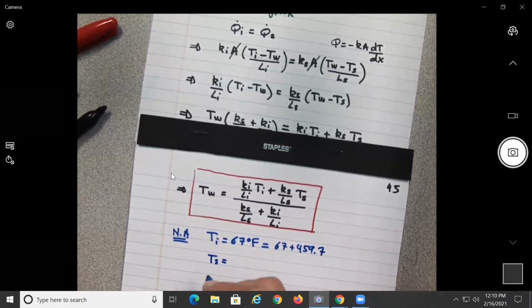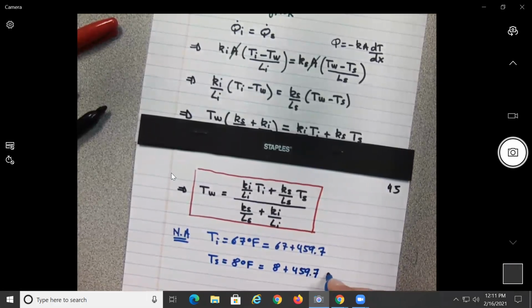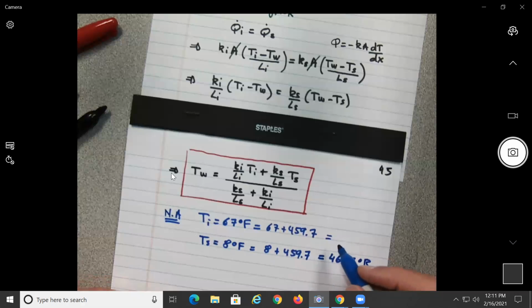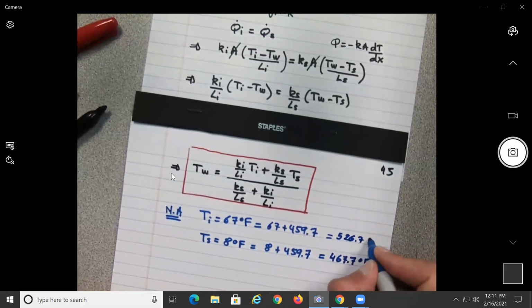And for the siding, you take 8 Fahrenheit, which will be 8 plus 459.7. So that would be 467.7 Rankines, and that one would be 526.7 Rankines.